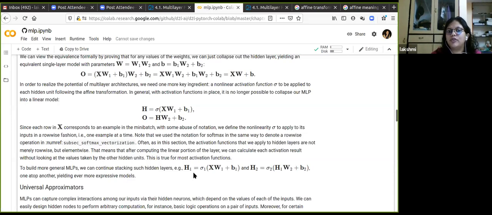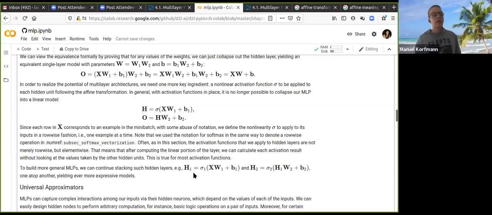This is true for most activation functions. So row-wise versus element-wise means the softmax needs the output of the other nodes, right? Yes, and often the activation function will work without the outputs from other nodes. It will work just on one node's output.